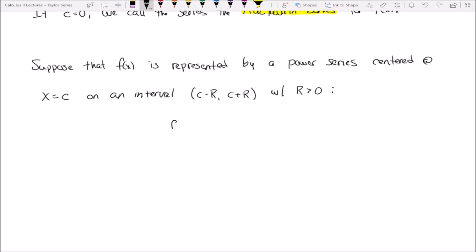And that series is f of x equals the series n equals 0 to infinity a sub n times x minus c to the n.